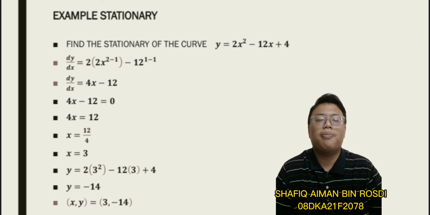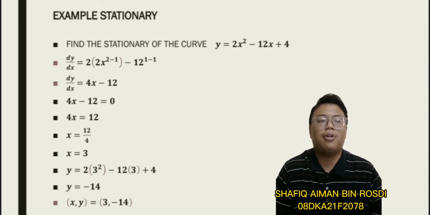Next is dy/dx equal to 4x minus 12, and then 4x minus 12 equal to 0, and then 4x equal to 12, and x equal to 12 divided by 4, and the answer of x is 3.